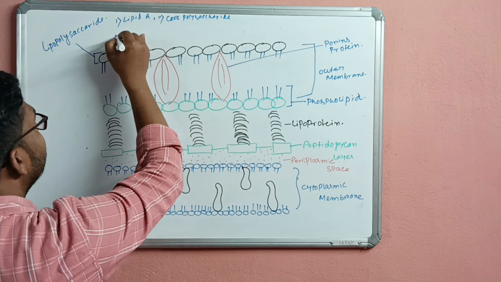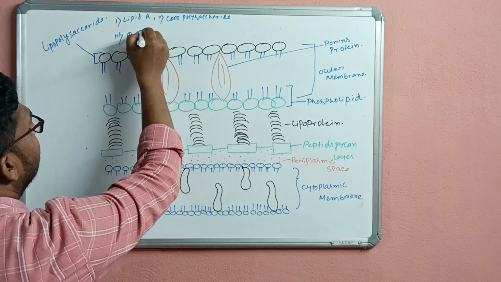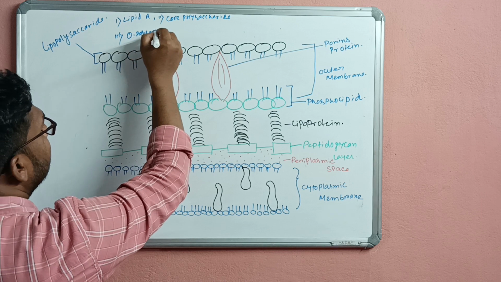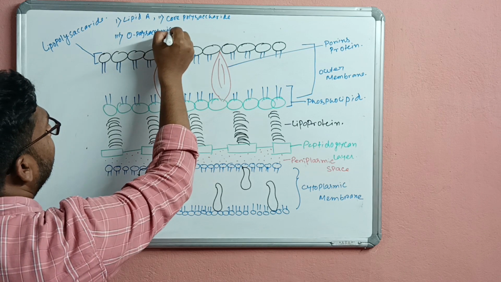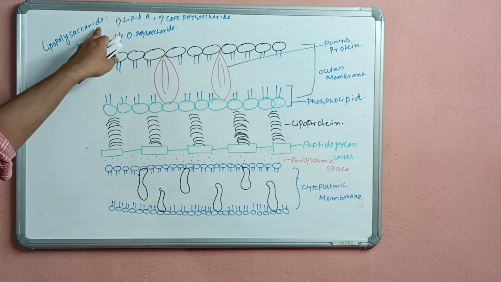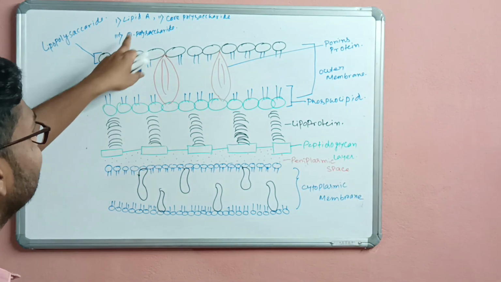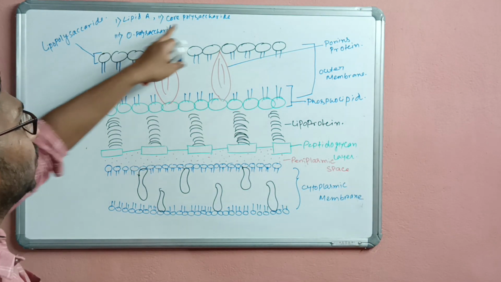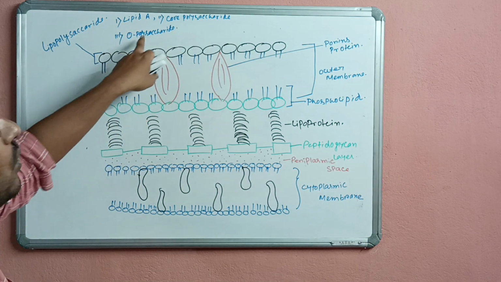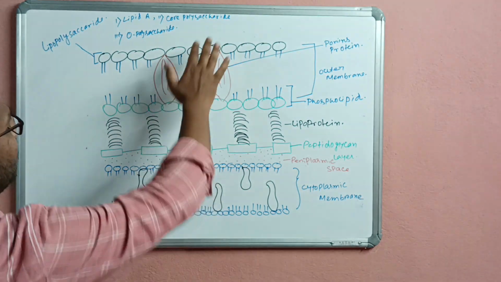Number three is O polysaccharide. So this lipopolysaccharide is subdivided into three parts: lipid A, core polysaccharide, and O polysaccharide. Now we discuss these three.